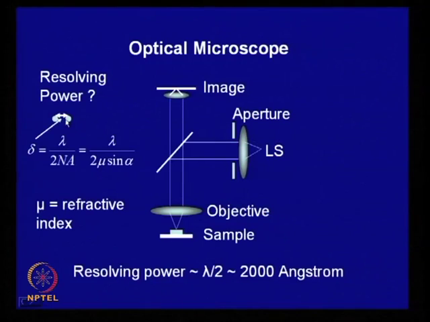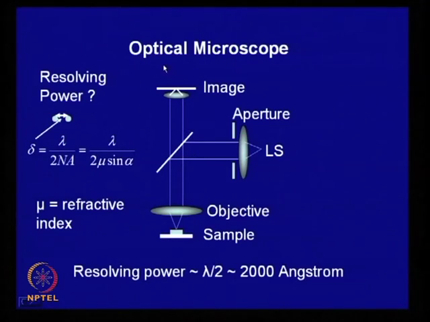Suppose this point and this point, can we resolve them clearly? We will see them as distinct points, and this distance, if this distance is lambda, it is a function of the wavelength that we use to examine the microstructure.